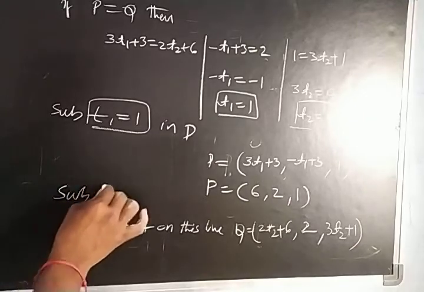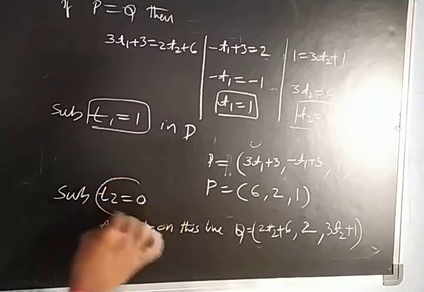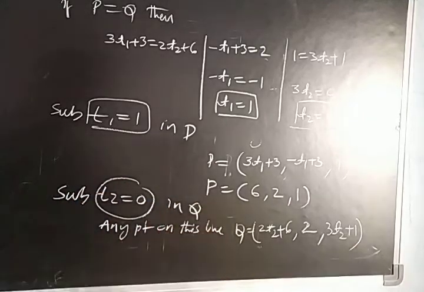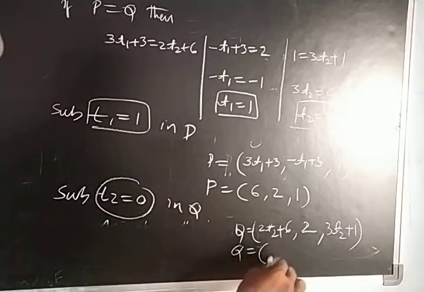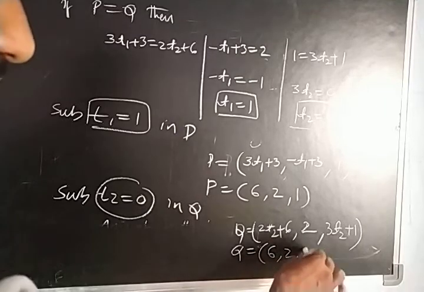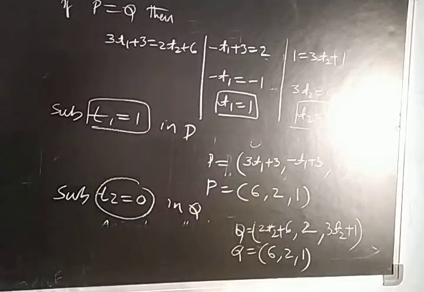Substitute t2 equal to 0 in Q. So any point in Q equals what? With t2 zero, it is 6, this is 2, this is 1. So observe P is equal to Q.